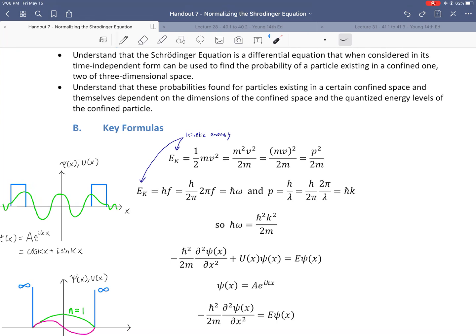Since most of the time when you see this form, especially when you see E equals hf, that is the total energy of the particle because it's just a free particle moving through space. It might crash into something. We might look at the wattage of how much energy it is transferring to a solid when it comes in contact to a solid. Think radiative energy, like heating something up in the sun.